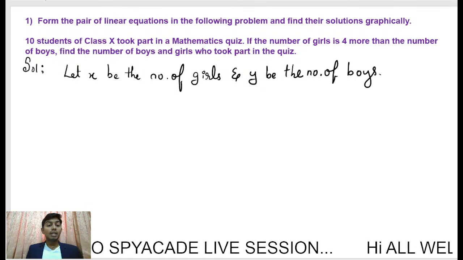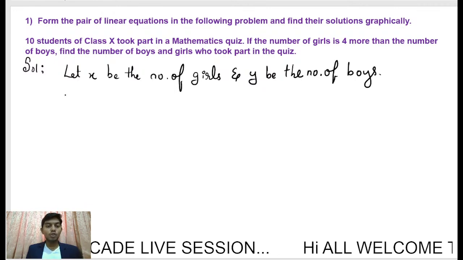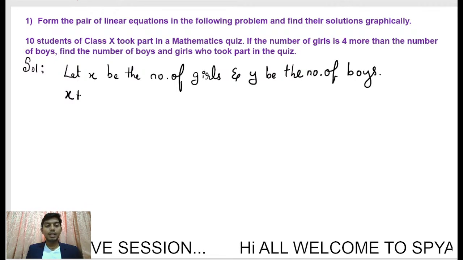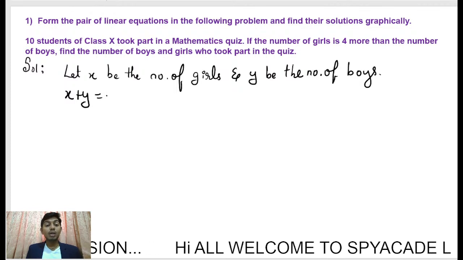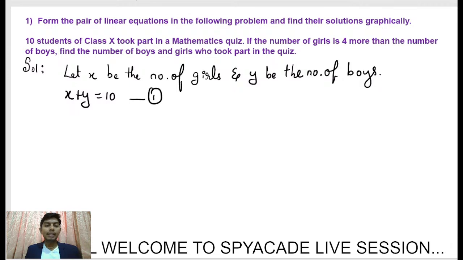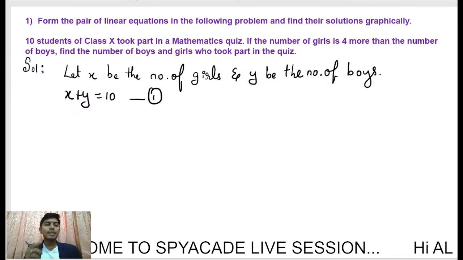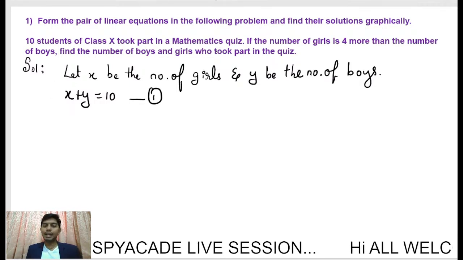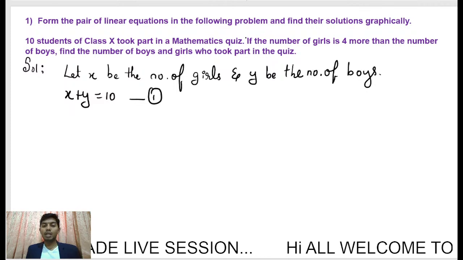Right? So now here totally 10 students, which means x plus y is equal to 10. If you add the number of boys and girls, then the total is going to be 10. So we have written one equation.